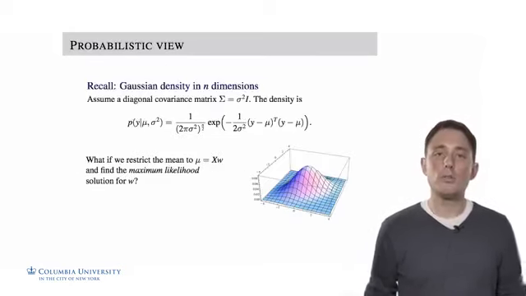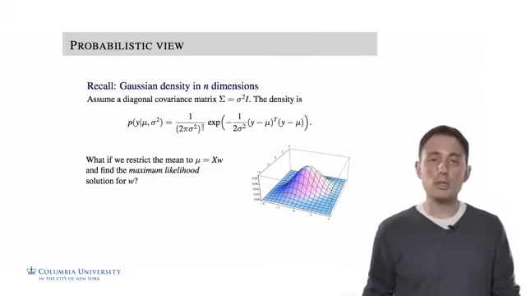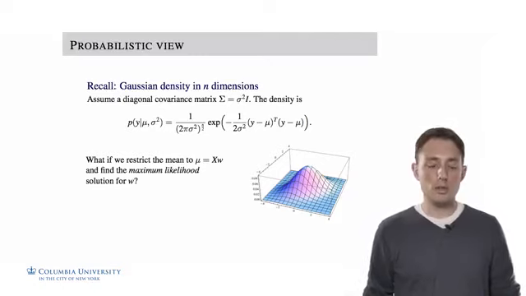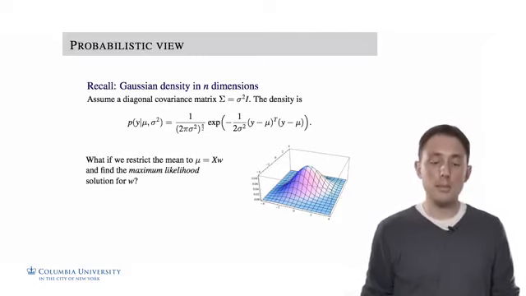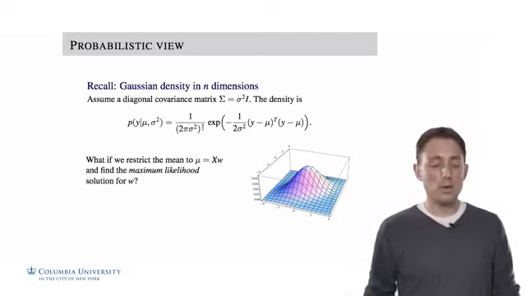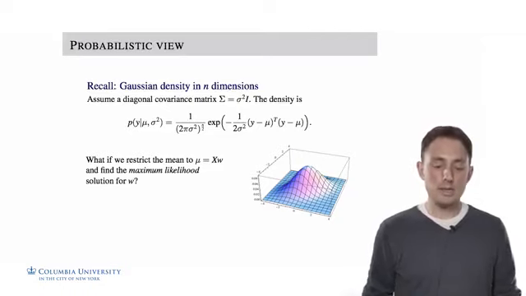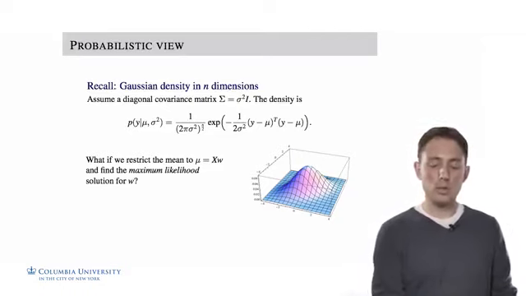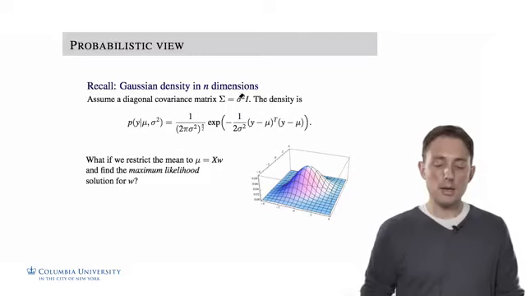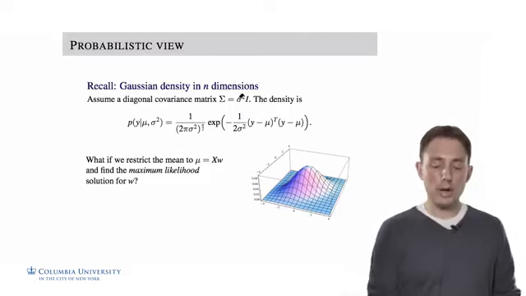So let's recall from previously the Gaussian distribution, multivariate Gaussian in n dimensions. So assuming that the covariance matrix is diagonal, so we write the covariance as this variance sigma squared times an identity matrix.